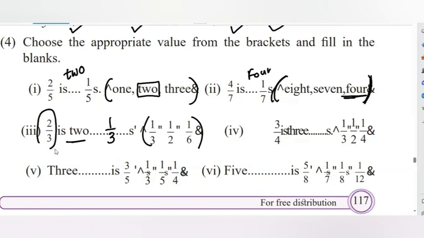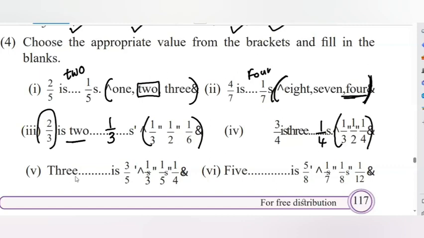Okay, 2 out of 3 is 2 1/3. 3 out of 4 is 3 how many? 1 out of 4. 3 out of 4 is 3 1 out of 4.